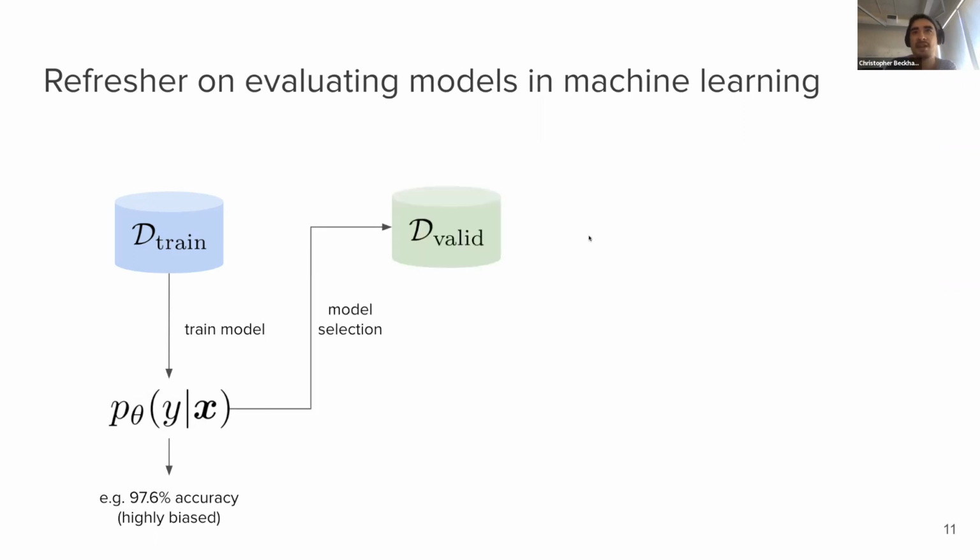So then we have this notion of a validation set, where we also do what's called model selection or hyperparameter tuning. We tweak the learning rate, tweak the weight decay, tweak certain hyperparameters so that it performs well on this validation set. Obviously this is going to be less biased than the training estimate, but it's still kind of biased, depending on how much hyperparameter tuning you're doing.